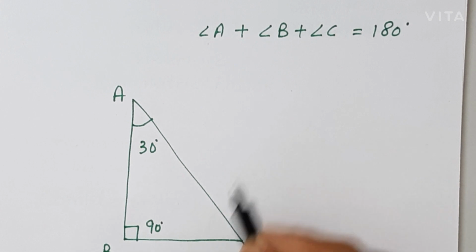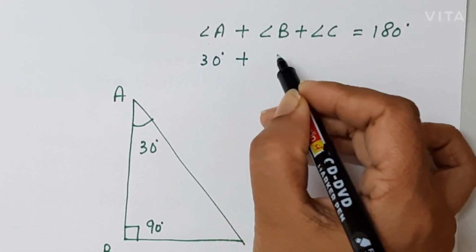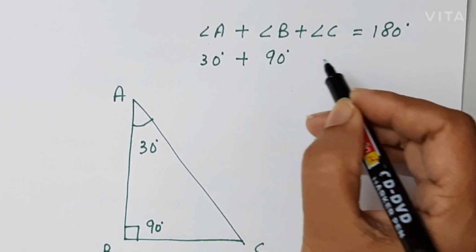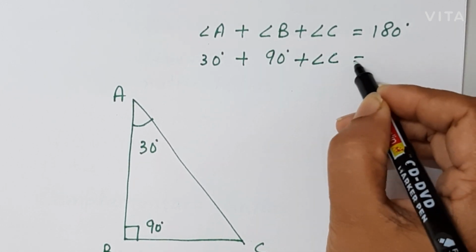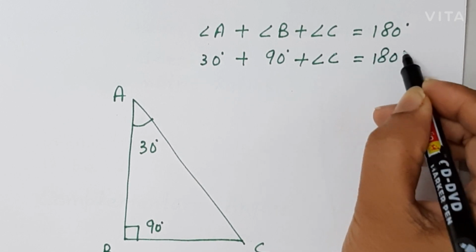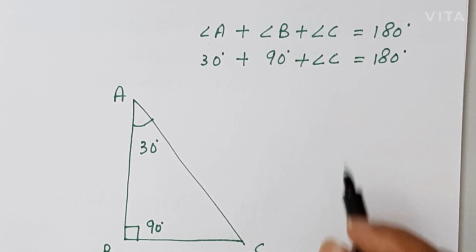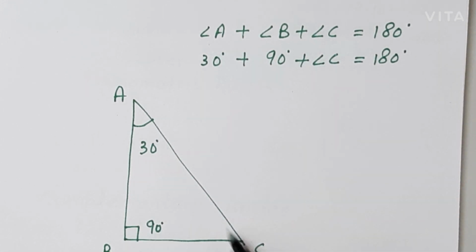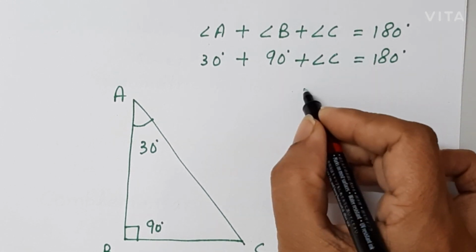Now here angle A is 30 degrees, angle B is 90 degrees, angle C we have to find, and that is equal to 180 degrees. Why so? Because the sum of angles of a triangle is always 180 degrees.